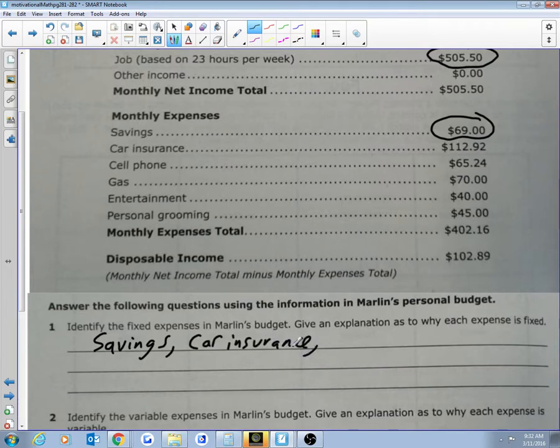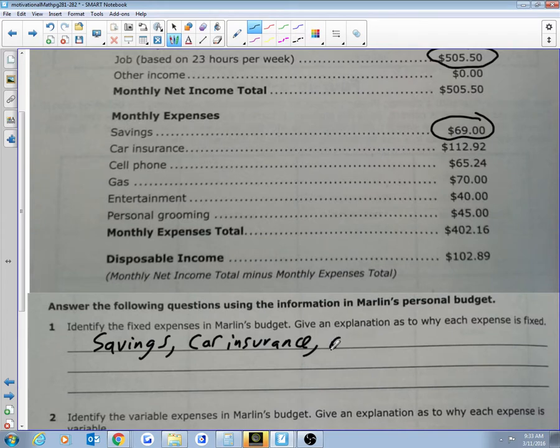His cell phone could be fixed. If it's unlimited data or unlimited talk and text, it could be fixed, or it could be variable if it changes. If he has to pay per text or per minute or per gigabyte, then it could be changing. So we'll put a little star by it.